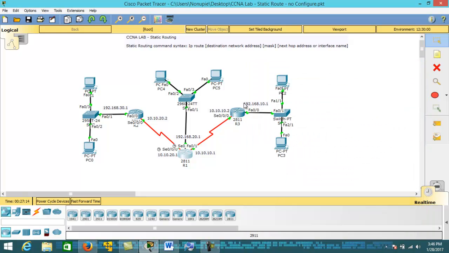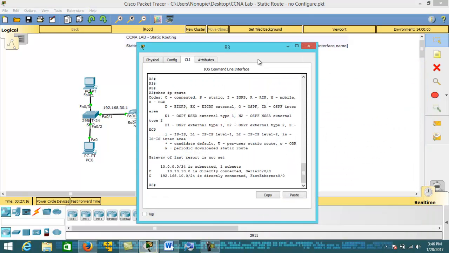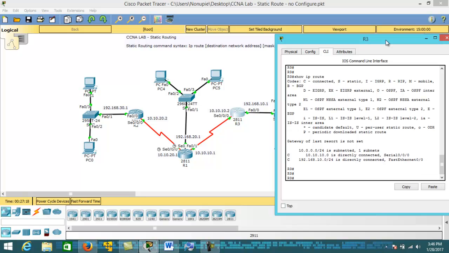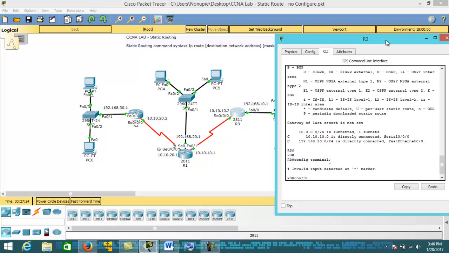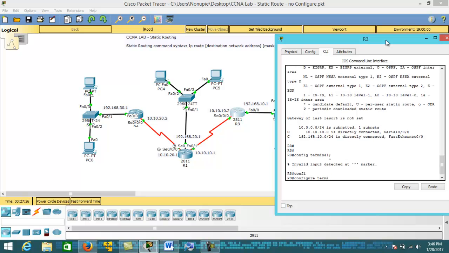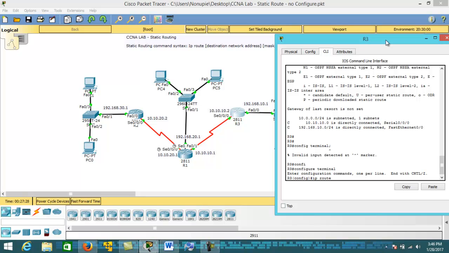So let's go on router 3 and quickly configure the static route, that is configure terminal, ip route. Which route?